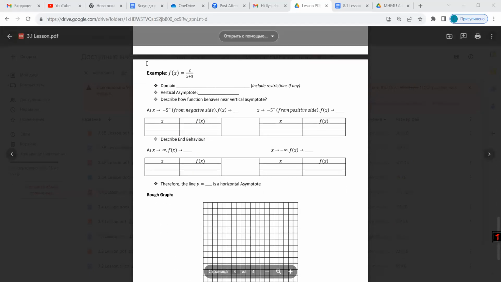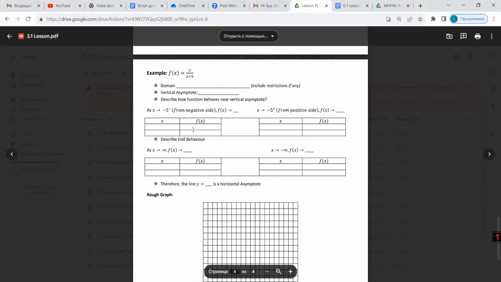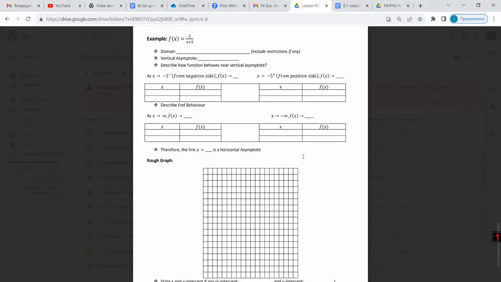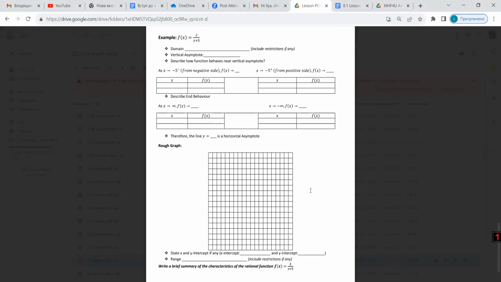So moving on, please do this example on your own. Copy this table to your textbooks, copybooks. You have now 10 to 15 minutes to do this exercise, this example. And then I'll ask one of you to fill out the table of values and we'll discuss it together, okay? Any questions?